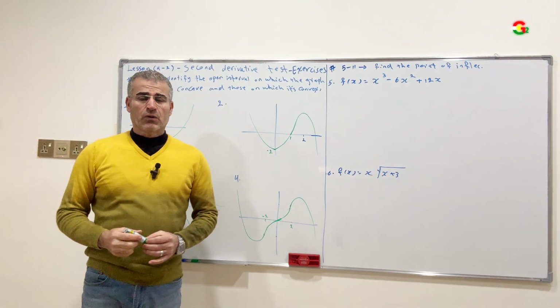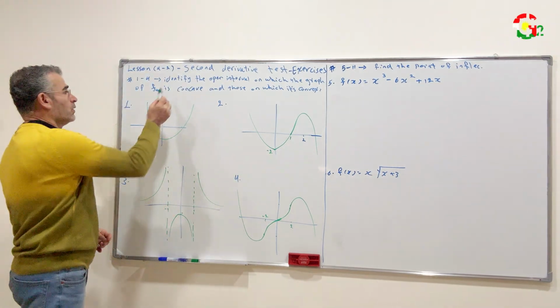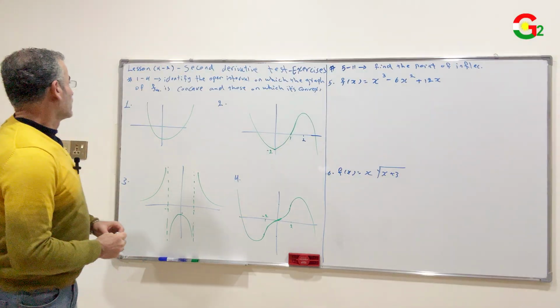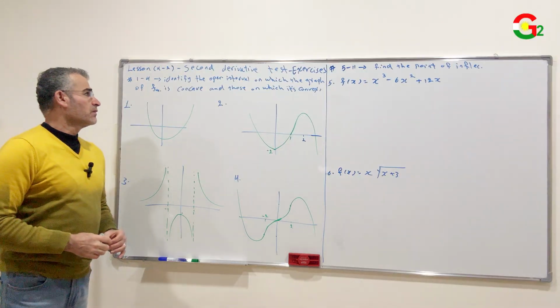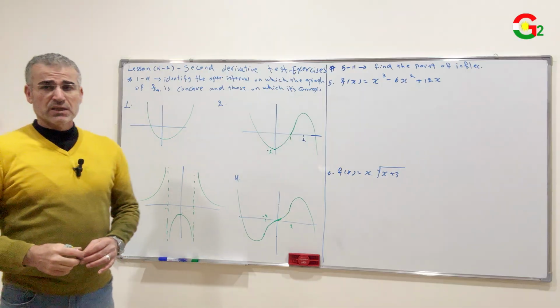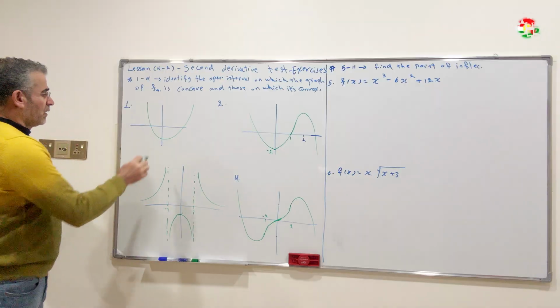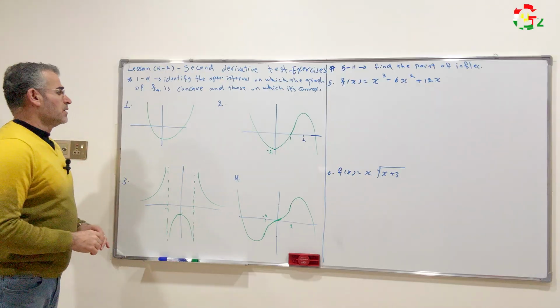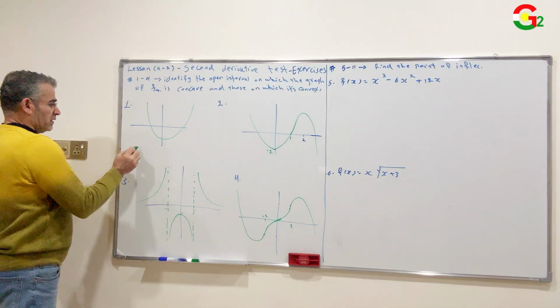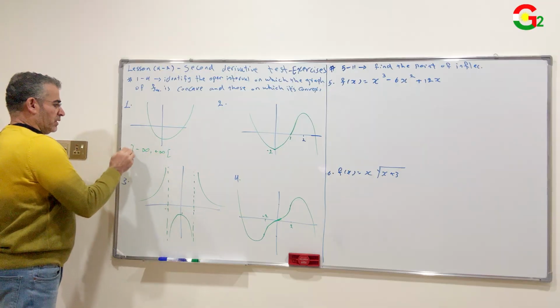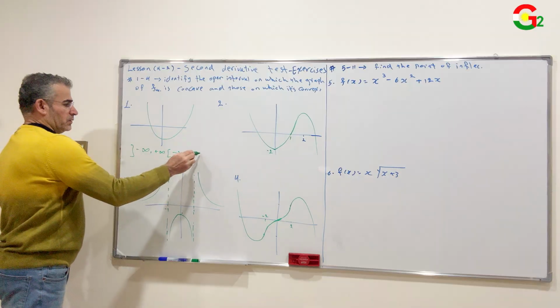Exercises of lesson 4.2, question number 1 to 4. Identify the open intervals on which the graph of the function is concave and those on which it is convex. Question number 1, the graph, as you see, is concave from negative infinity to positive infinity, open interval, concave.